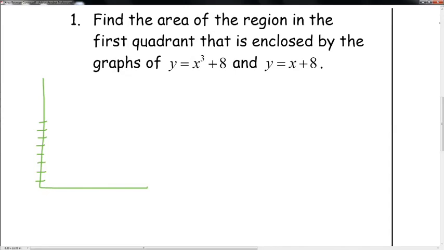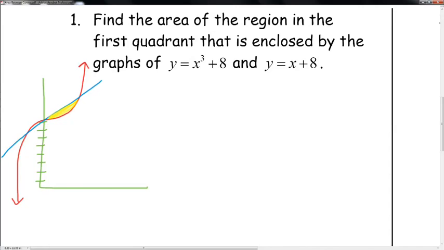Alright, a cubic looks like this, but we're only concerned about the first quadrant part. And then your linear looks like that. So we're talking about this region right here.